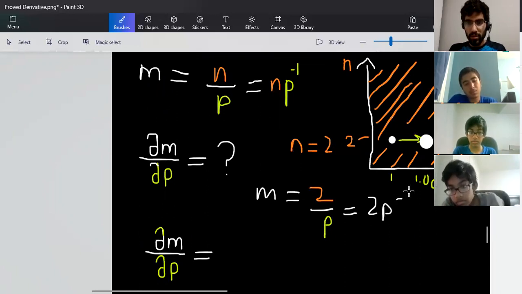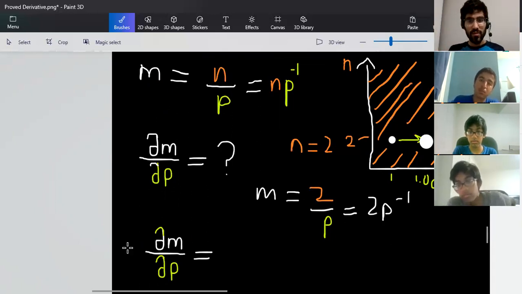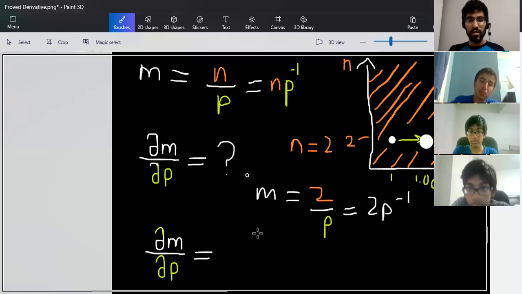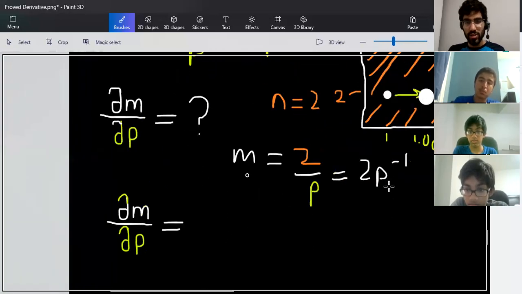Taking the derivative is what we call differentiating. So how would you differentiate this expression? What's the derivative of 2p to the negative 1?